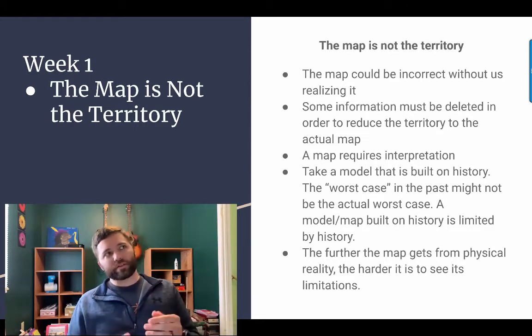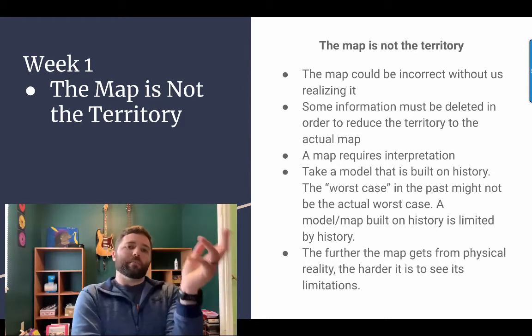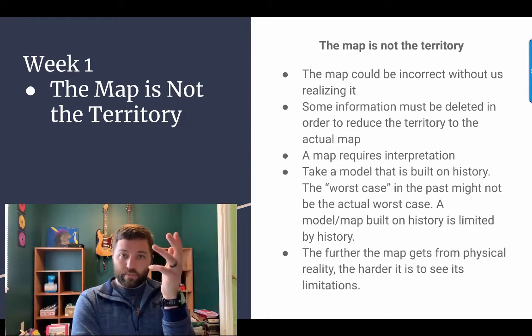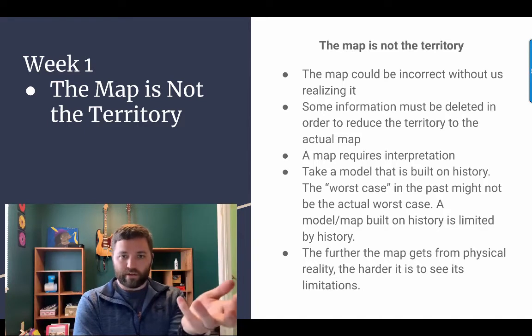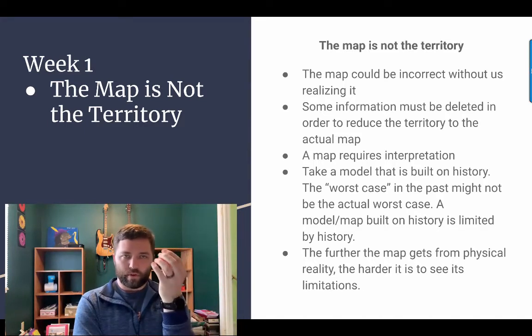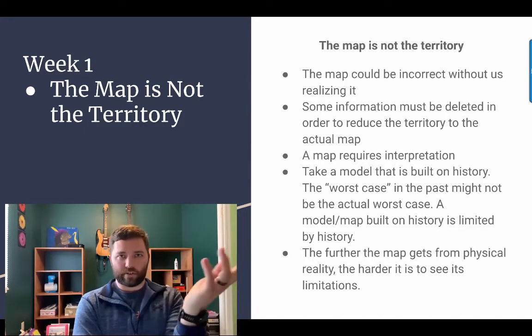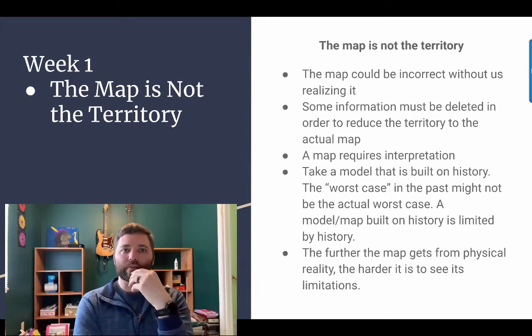Think about a model that's built on history. Lots of models are like this. Take floods, for instance. The history of floods in whatever county you live in. You may have heard of things like a 100-year flood or a 50-year flood.